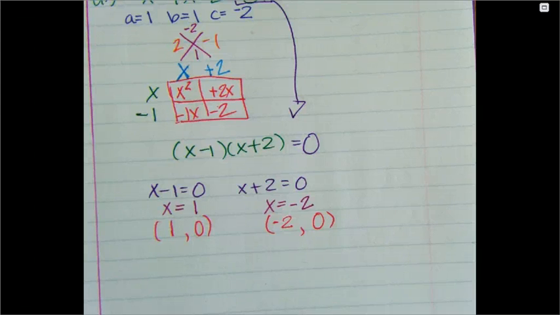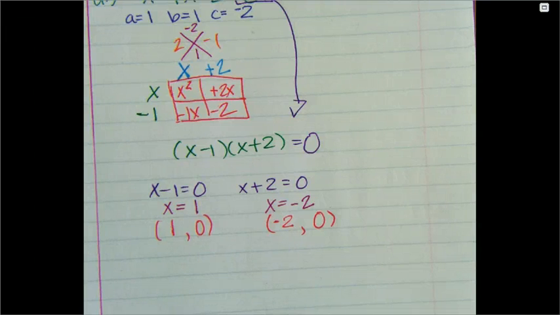Fancy that. What does it mean to be 1, 0, negative 2, 0? What does that mean? It is on the graph. Points are on the graph, yes. What does that mean?